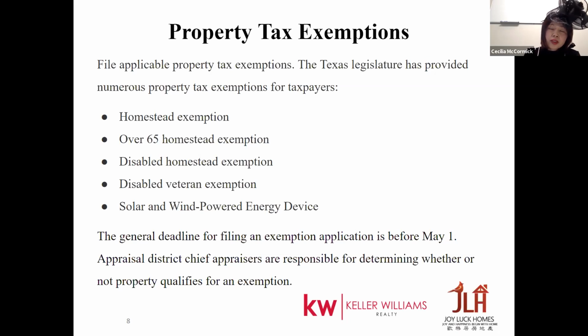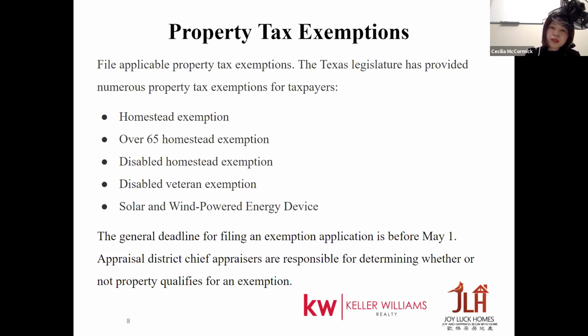And there are other exemptions that are pretty significant if you qualify. If one of the homeowners is over 65, they have the senior homestead exemption. They also have the disabled homestead exemption, and for disabled veterans, the 100% disabled veterans exemption is a huge property tax exemption as well.